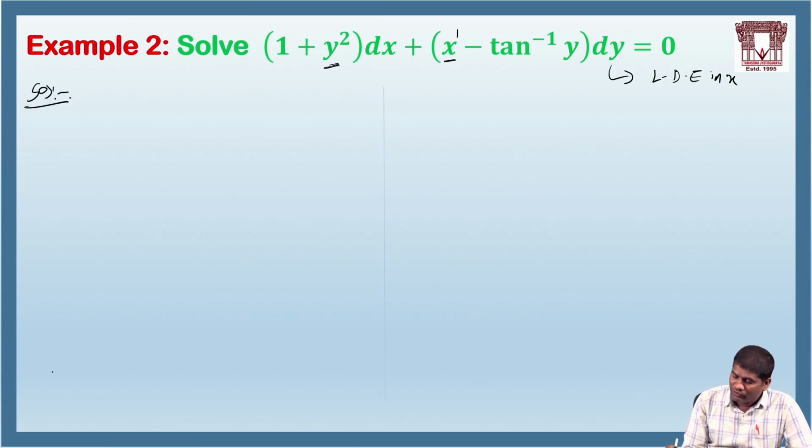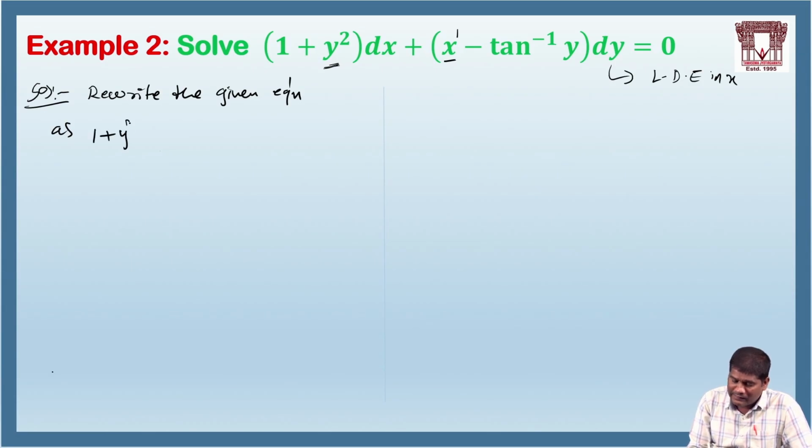Now we are going to rewrite this equation as (1 + y²) dx/dy + x − tan⁻¹y = 0.